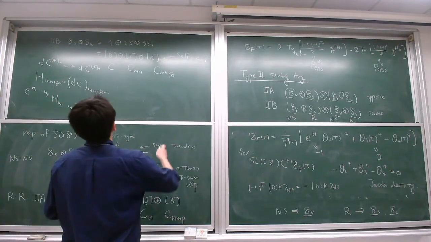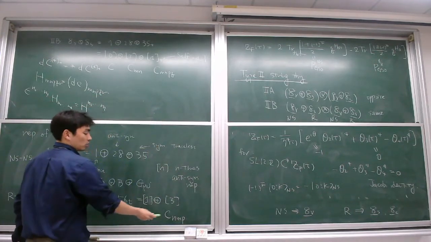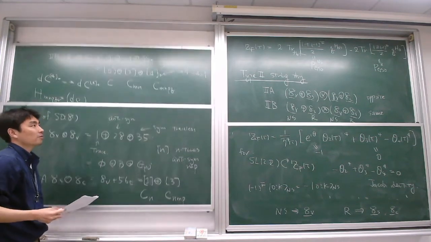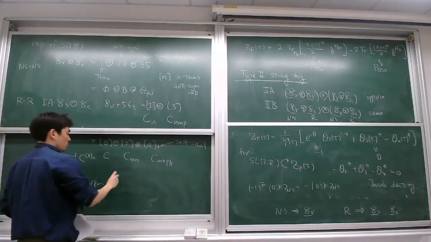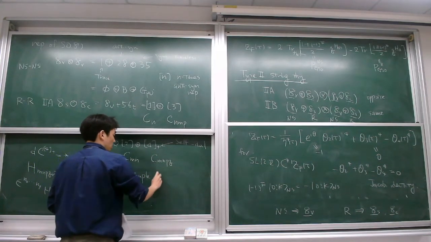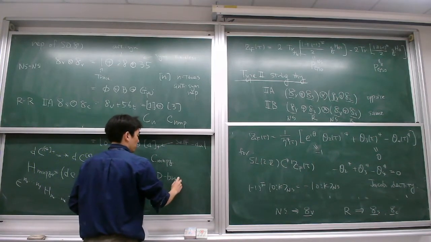And this C is usually called the Ramond field, and this will lead to the so-called coupling to D-branes. We will see it immediately.